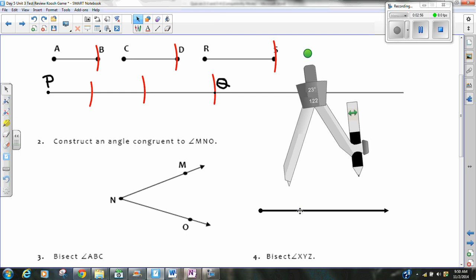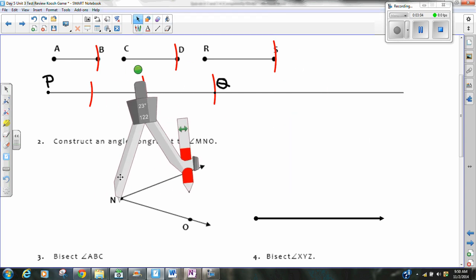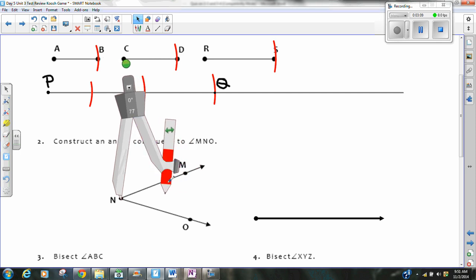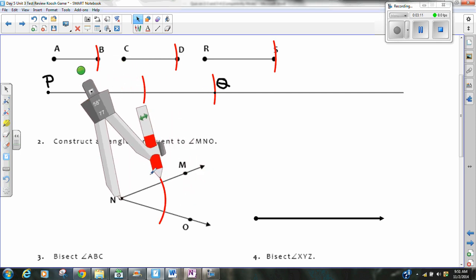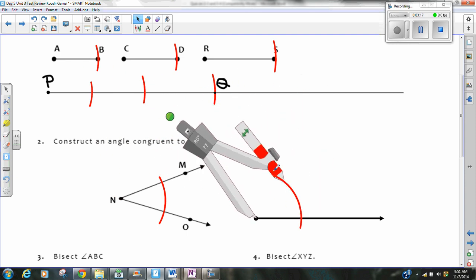Okay. Then you are going to come up and take your compass and make an arc to represent the measure of this angle. And then you're going to come over and do the same exact arc on your angle you're going to construct.